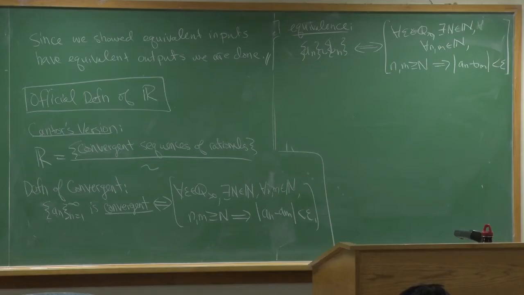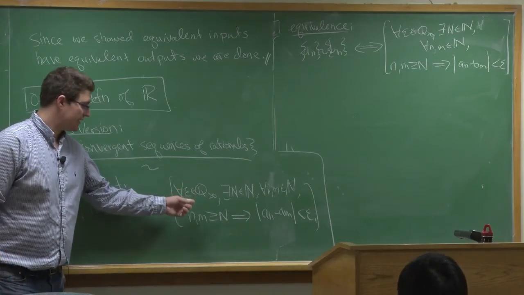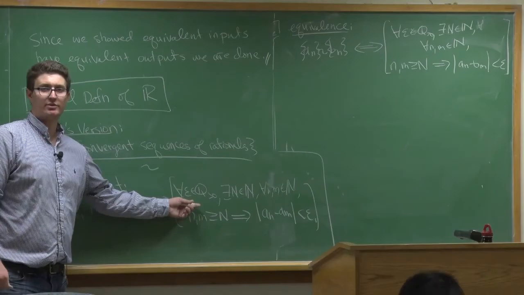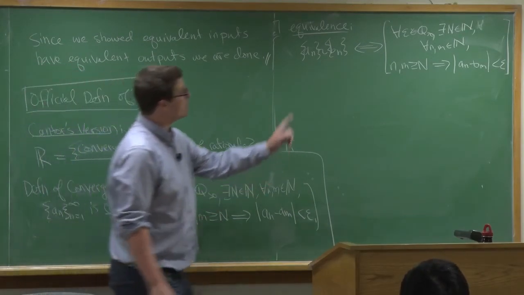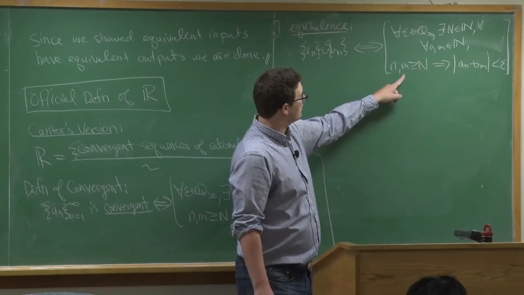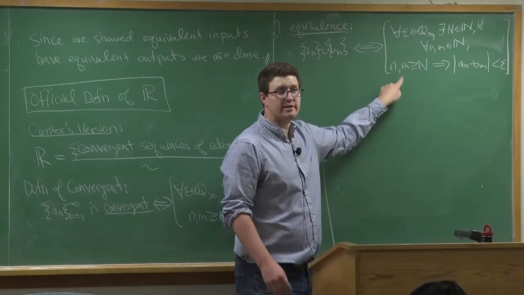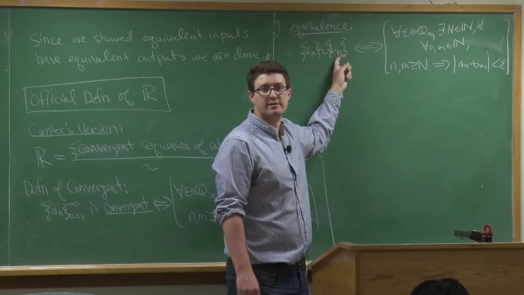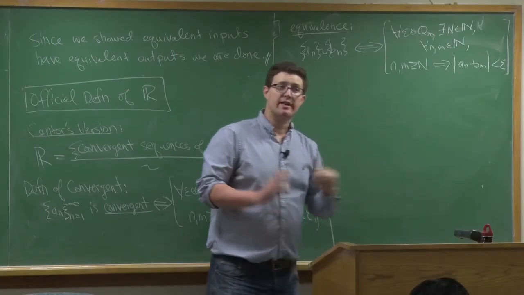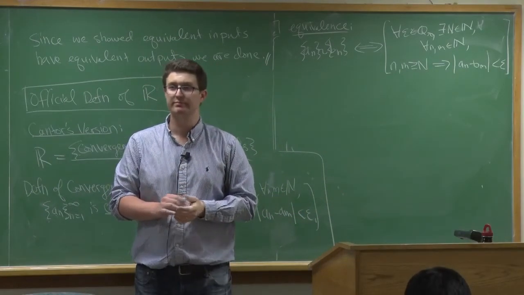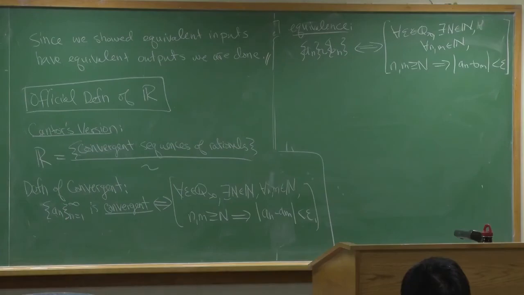You have sequences of rational numbers that satisfy this proposition, you check that this is an equivalence relation, and then you take the equivalence classes of sequences under this equivalence relation, and that's how you officially define the real numbers. So now you've seen another use of equivalence classes.